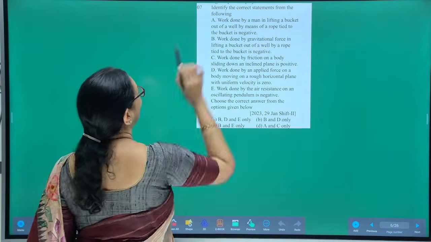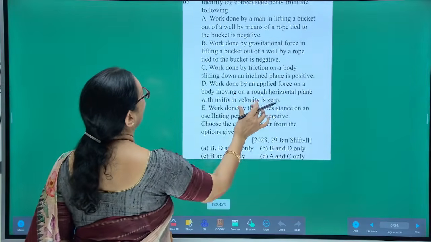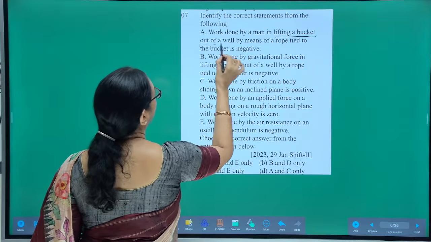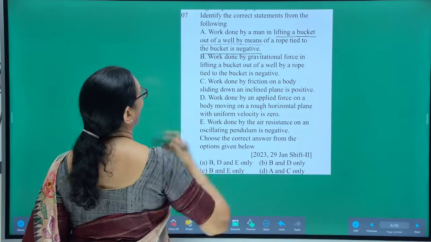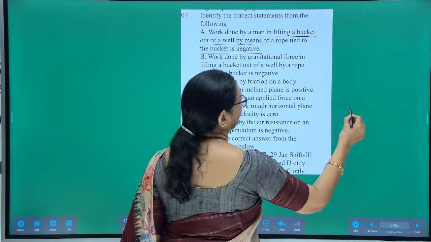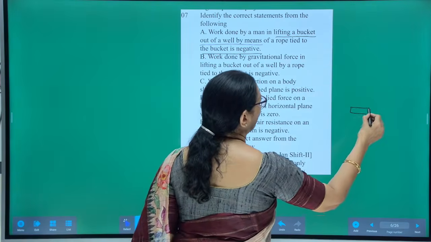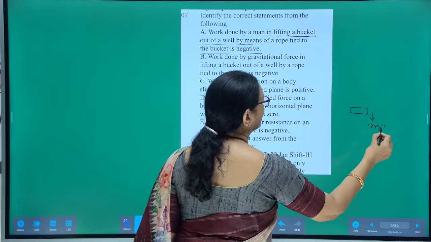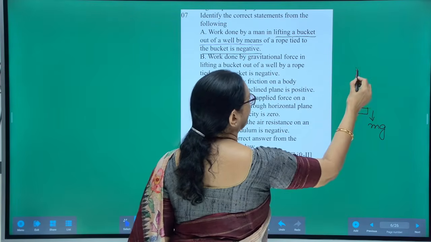Identify the correct statements from the following. Work done by a man in lifting a bucket out of a well by means of a rope is negative. See here, suppose this is a bucket, it has gravitational force acting in the downward direction.